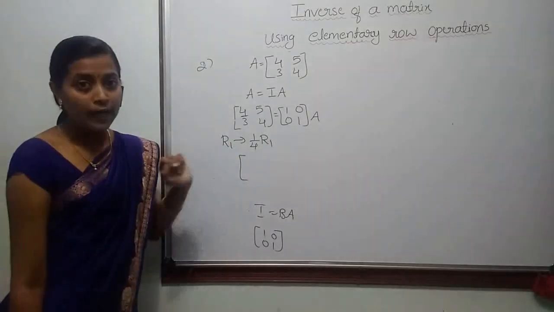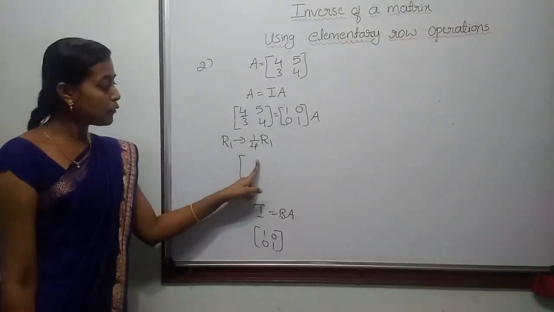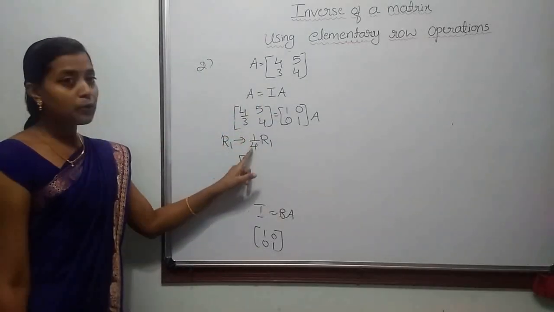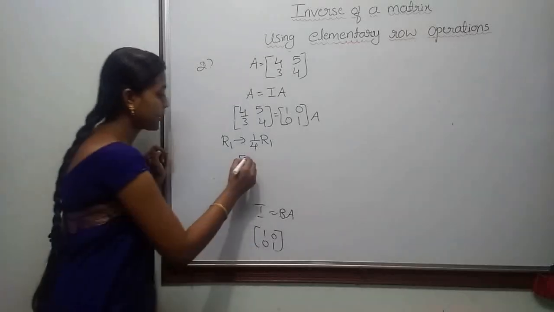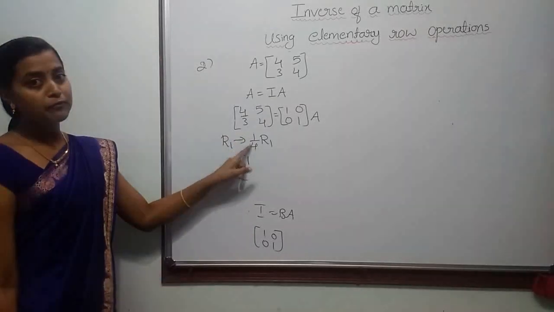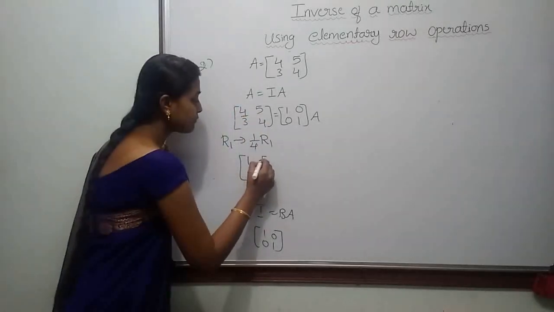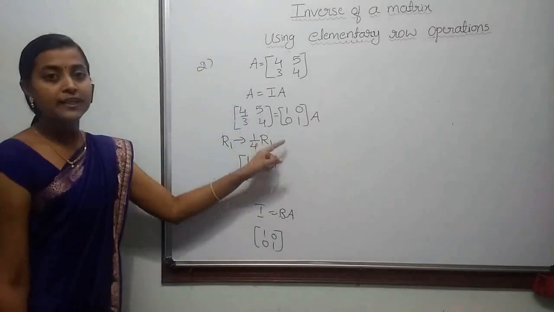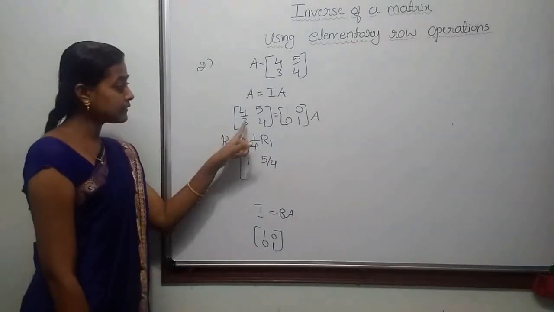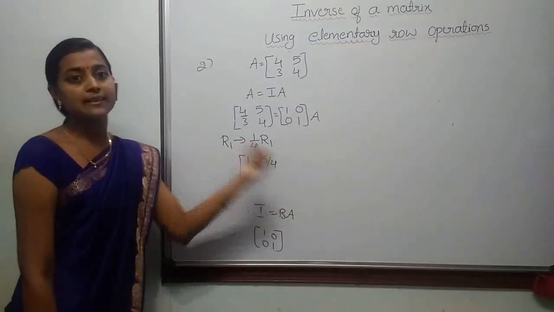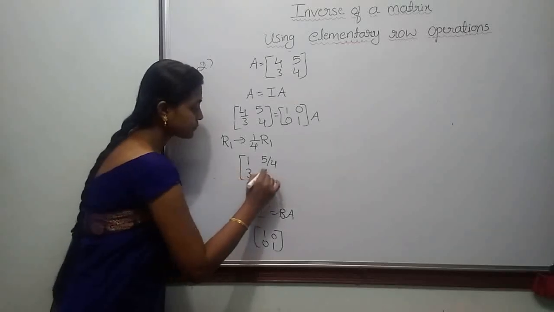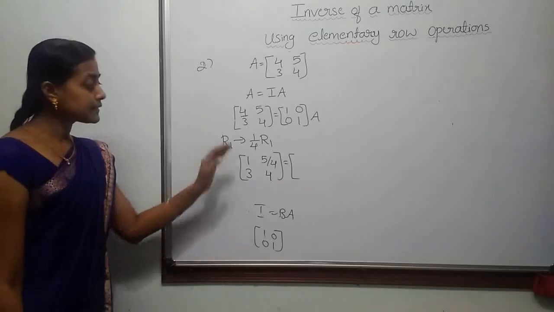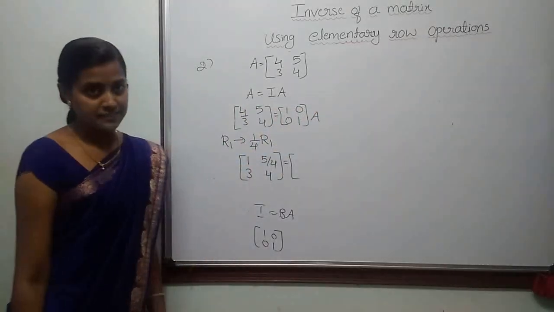1 by 4 into R1 means multiply 1 by 4 to each of the elements of R1. 1 by 4 into 4 is 1. 1 by 4 into 5 is 5 by 4. Keep the elements of the second row as they are. I will write 3 and 4 as they are in the second row. Next, we will apply the same operation in the RHS.